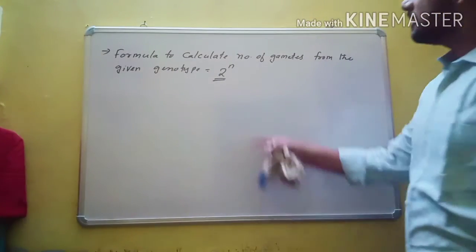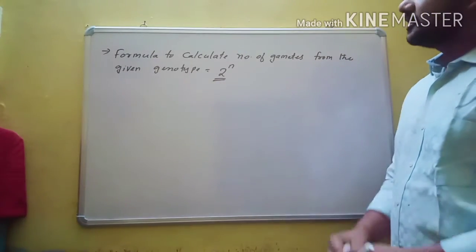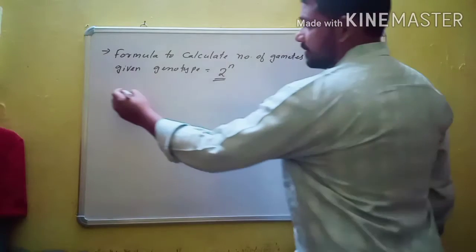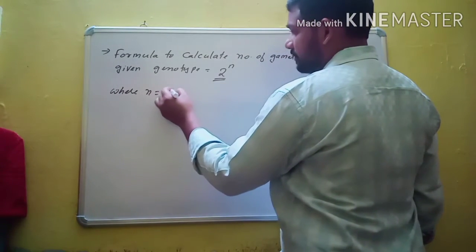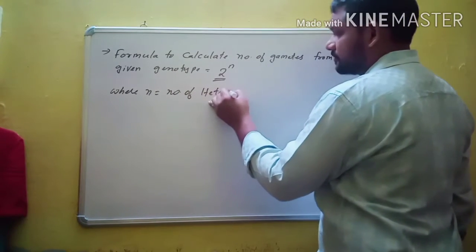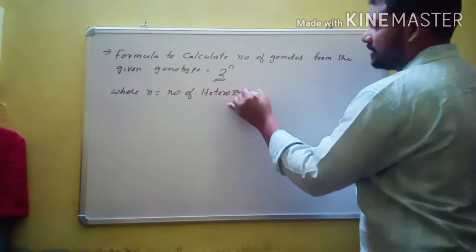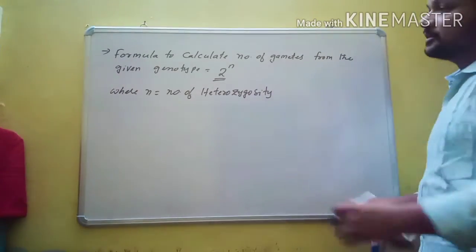The formula to calculate the number of gametes from the given genotype is 2 to the power of n, where n equals the number of heterozygosity. So let us discuss some examples based on this formula.